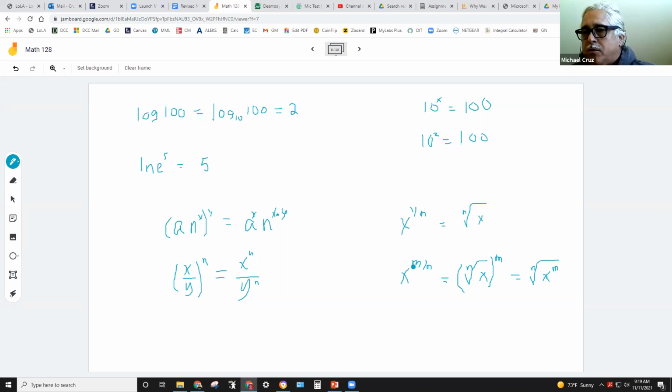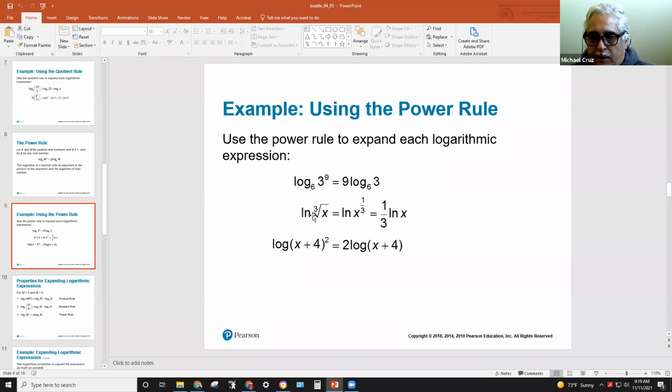So in other words, we can take a radical and transform it to a base, and this is what they call the radicand. Take that radicand and raise it to what we call a rational exponent. So that's what they did here. See, that's the cube root of x.